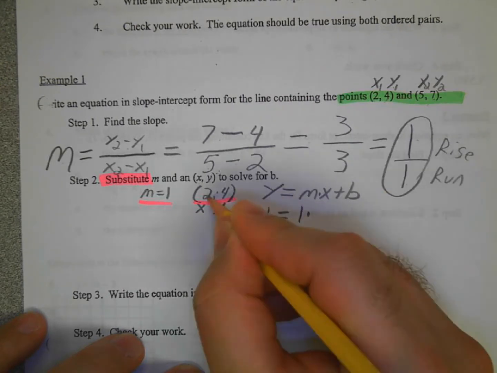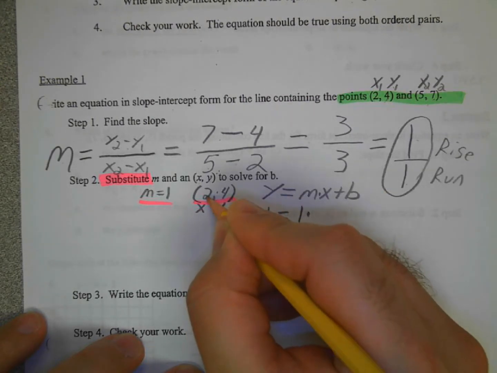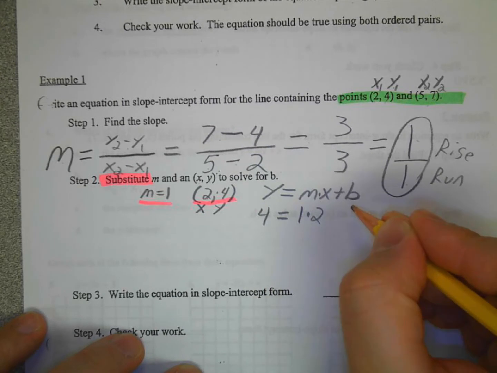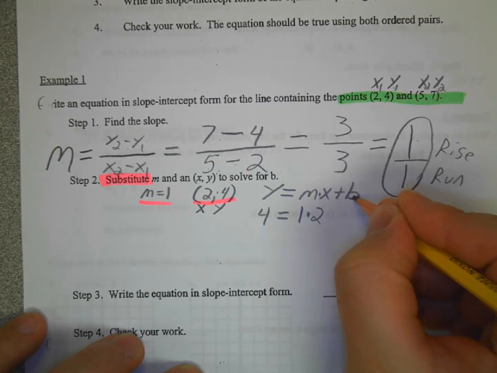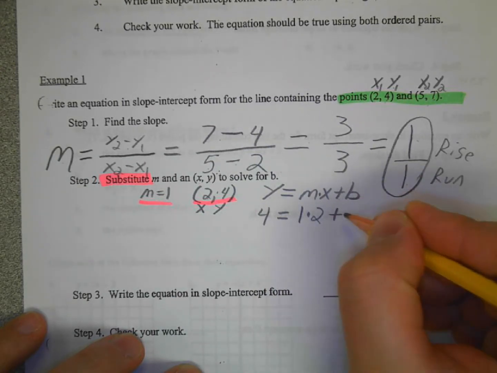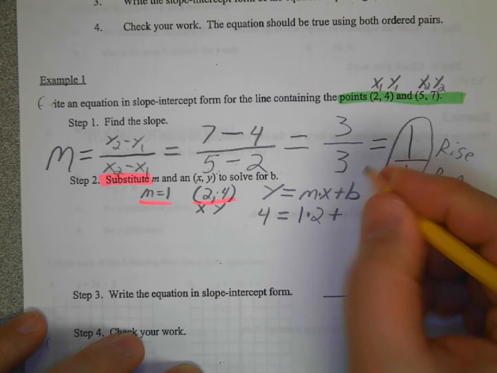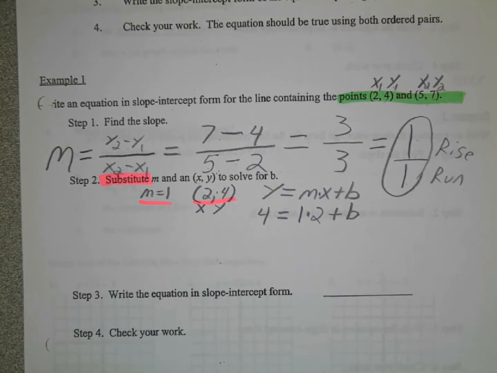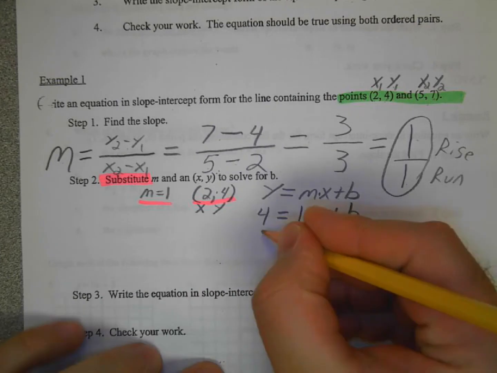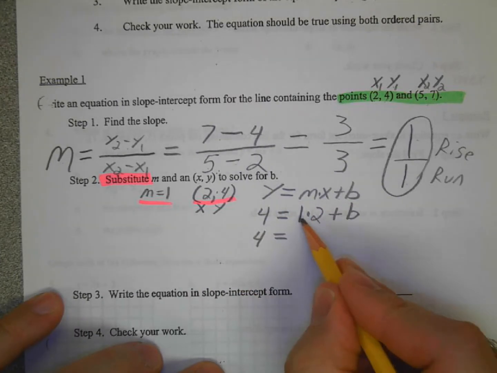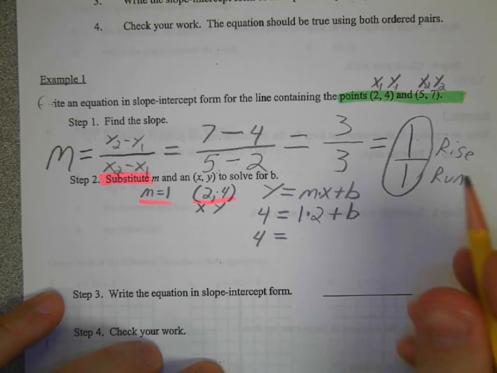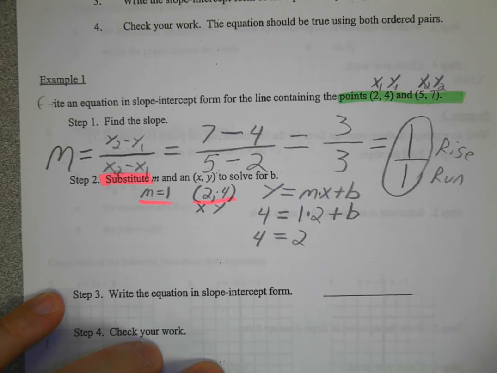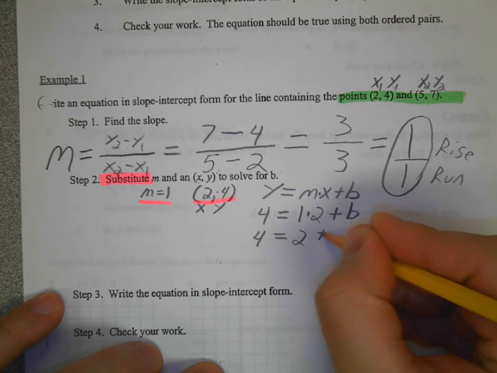So my x is 2, so 1 times 2. And then I got a plus b. We don't have a b yet because that is what we're looking for. So now let's simplify things up. I got 4 equals, well, what is 1 times 2? 2. And then I still have my plus b.